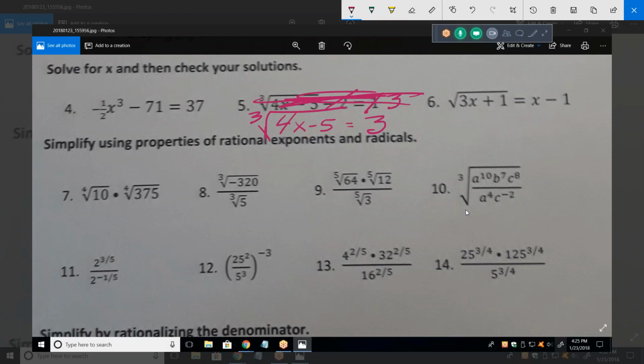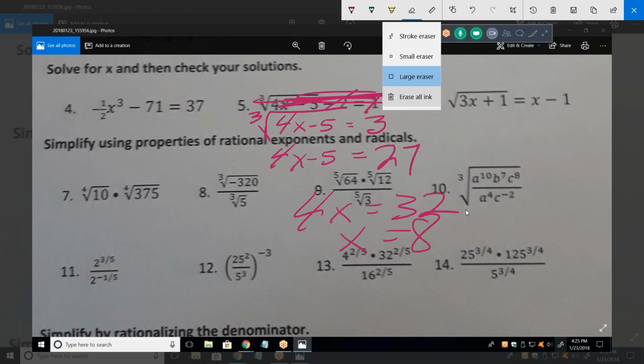So when I cube the left side, I get 4x minus 5. When I cube the right side, what do you get? 27. In other words, you weren't multiplying by 3, you were cubing it. And then I trust you know the rest. Yeah. All right.